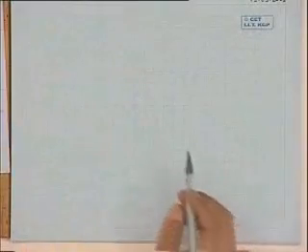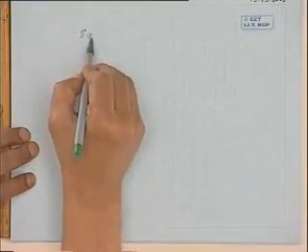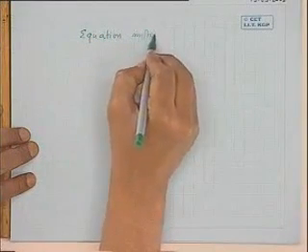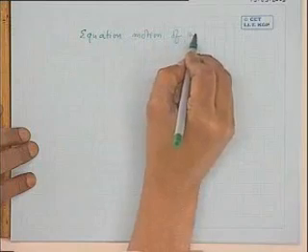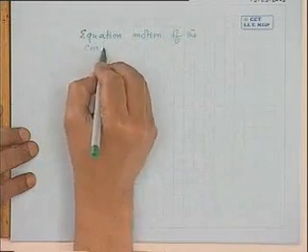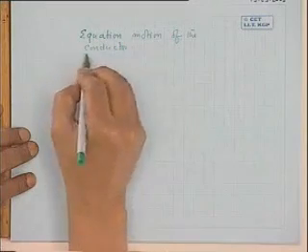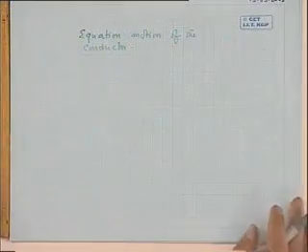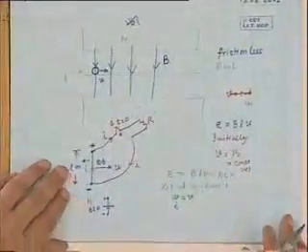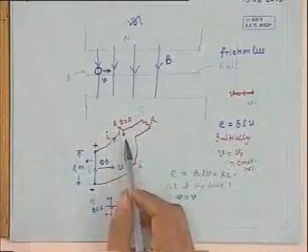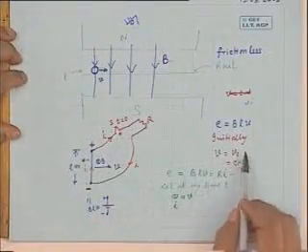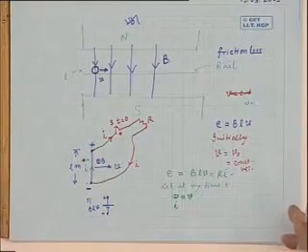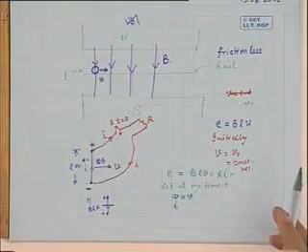So let us write down the equation of motion of the conductor. This is Newton's laws. As I told you, the conductor prior to the closing of the switch was moving with a constant velocity V0 from left to right, and for that you did not require any force to be exerted.